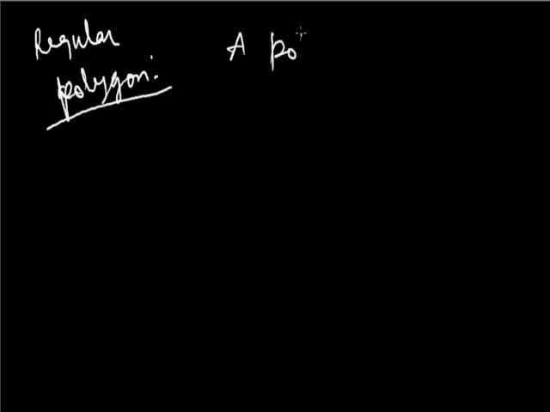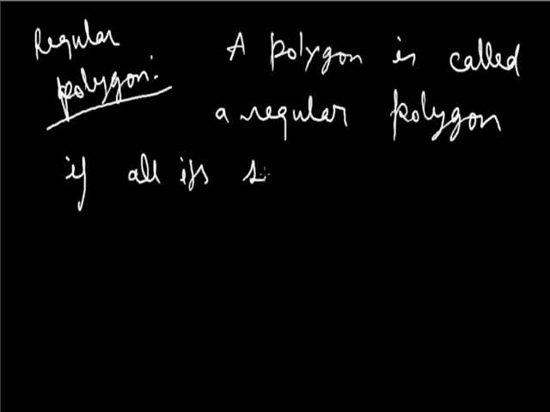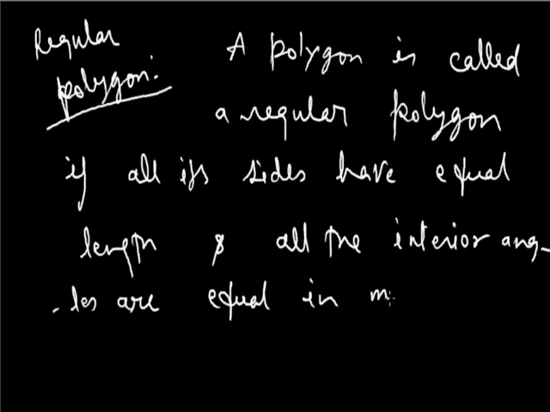A polygon is called a regular polygon if all its sides have equal length and all the interior angles are equal in measure.